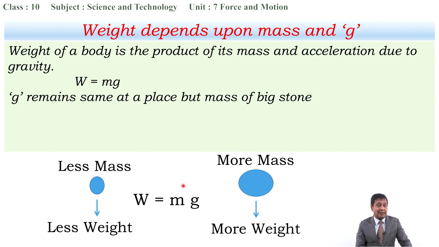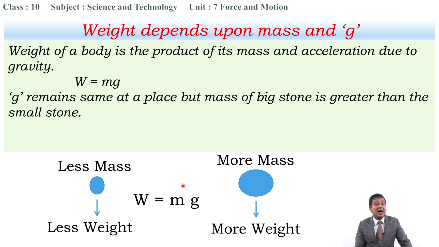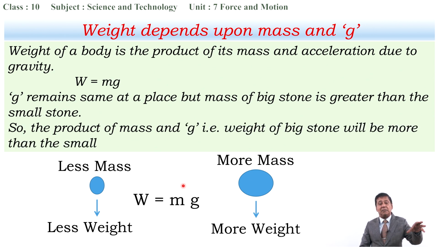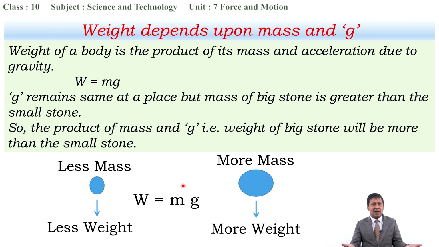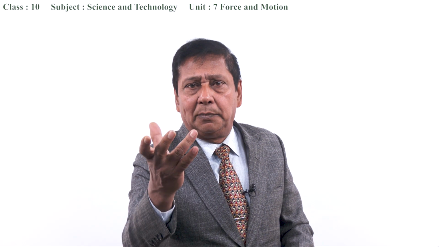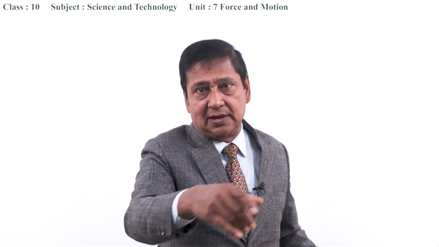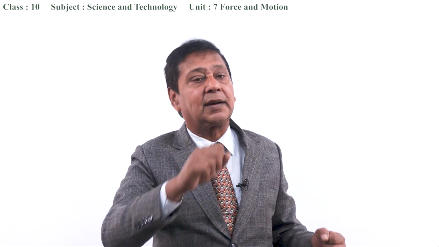G remains the same at a place, but the mass of a big stone is greater than a small stone, so the product of mass and g, that is the weight of the big stone, will be more than the small stone. Someone can ask you why a big stone has greater weight than a small stone. That can be answered like this. This is the reason.